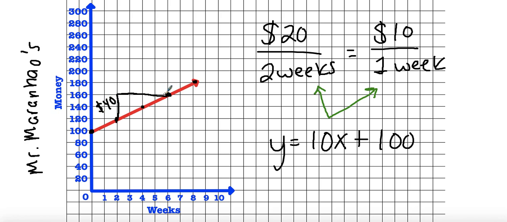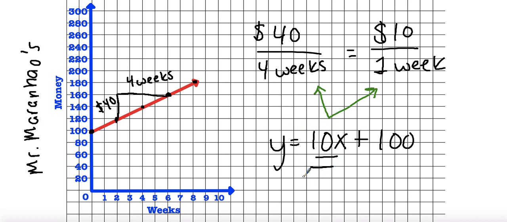And here I went over 4 spaces, so that's 4 weeks. And $40 in 4 weeks is still equivalent to $10 per week, which is our slope. So our slope is just the rate that our graph is changing by.